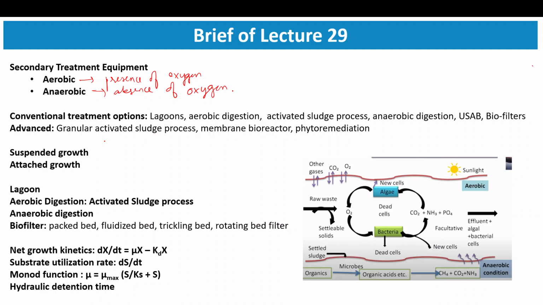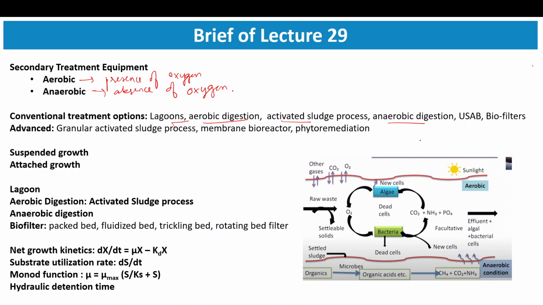Now you can provide various reactors or various ponds, which are very big ponds provided in the form of lagoons, aerobic digestion, activated sludge process, anaerobic digestion, upflow sludge anaerobic process, biofilters, membrane bioreactors.